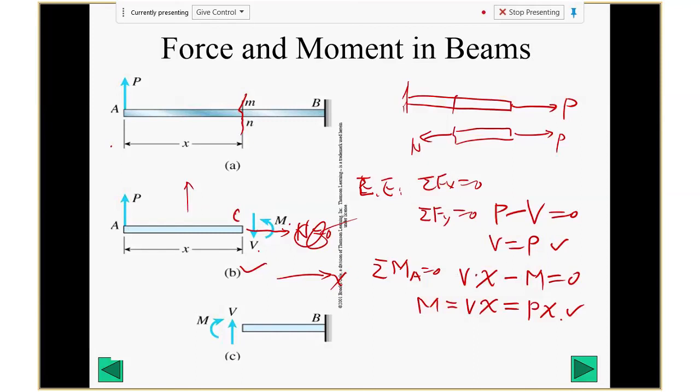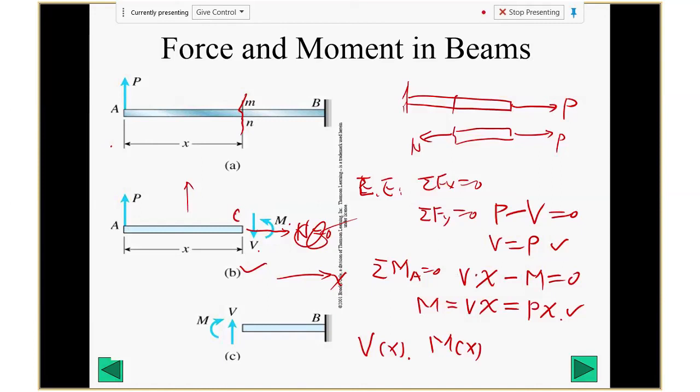So things get complicated. The one thing we need to set up is, in general, when you talk about the beam, V will be a function of location. Moment will be a function of location. So internally, you're going to have two reaction terms: one is the internal force, one is the internal moment, and both depend on location.